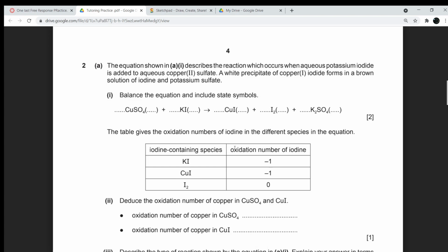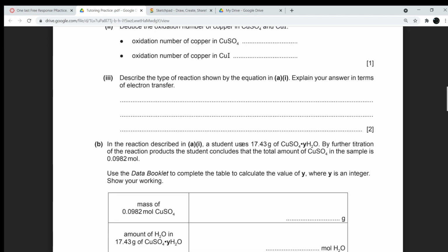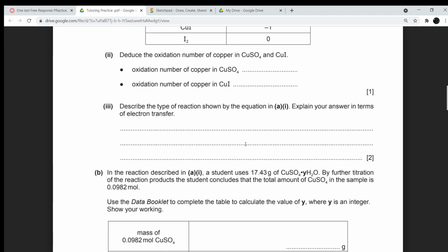And copper gained electrons. Okay? And that's all it's looking for. We don't have to think too much about it. We don't have to say like, oh, the copper pulled the electrons off of the iodine. No. Iodine lost electrons. Copper gained electrons. This is a redox reaction. Reduction oxidation reaction. Okay?